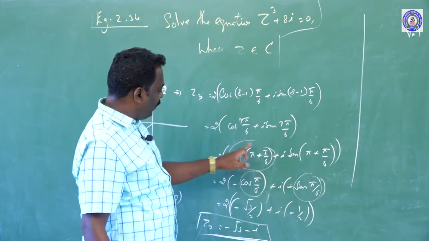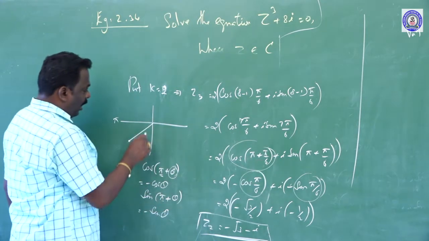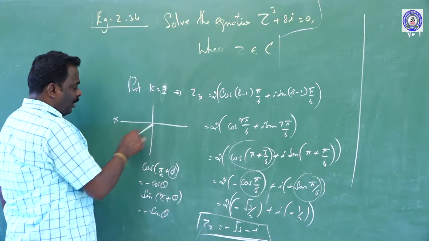Now the argument of this one is cos of π plus θ. Cos of π plus θ lies in which quadrant? Second quadrant... therefore third quadrant.